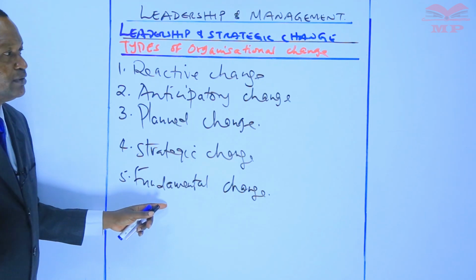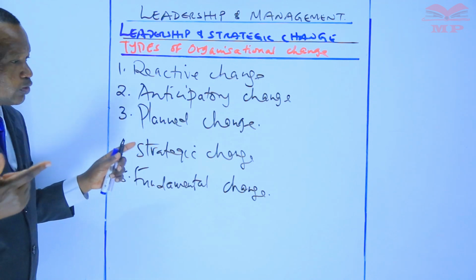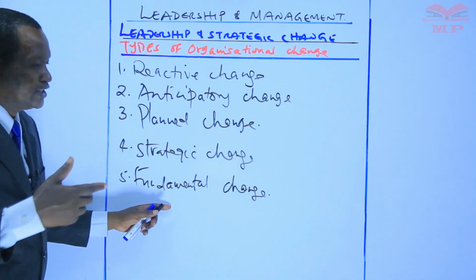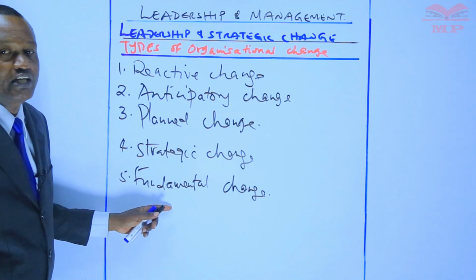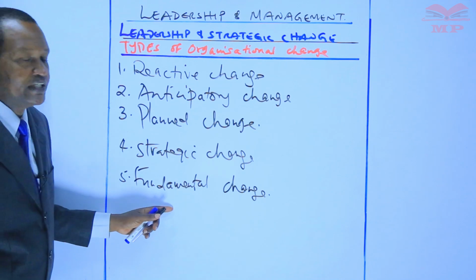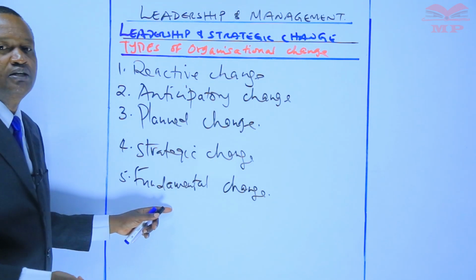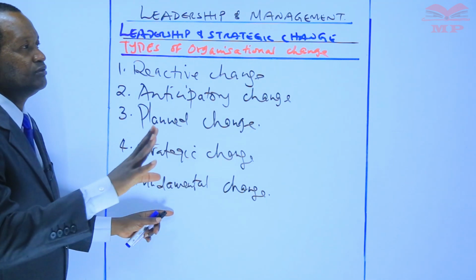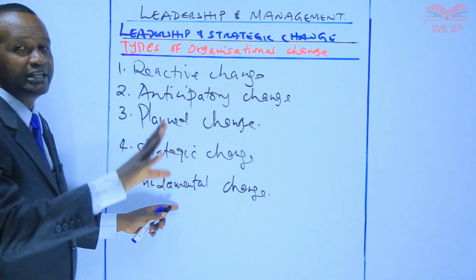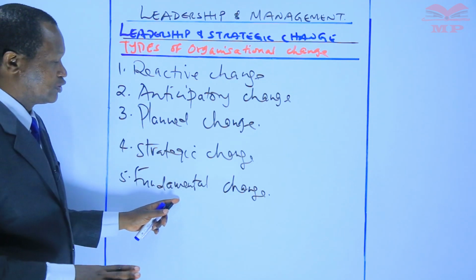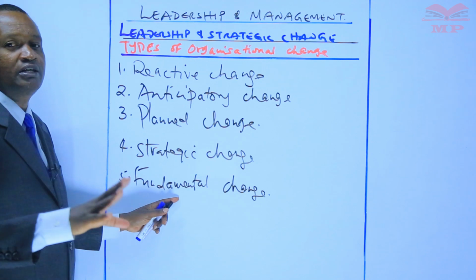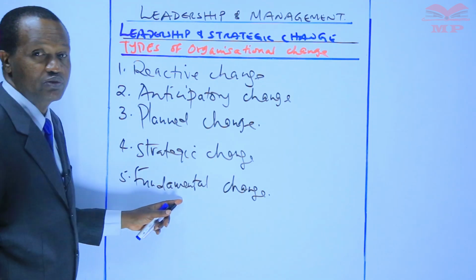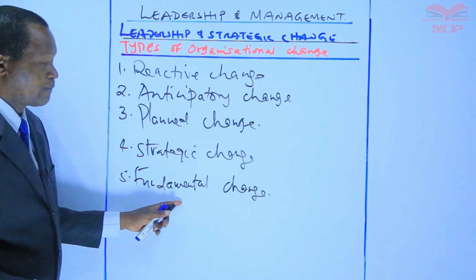And this may be required during extremely volatile circumstances, like volatility in the business environment, like failure of leadership, like decline in productivity, as well as overall turnover problems, which may include the decline in the morale of the workers, and so on. So those are examples of fundamental changes. It involves the redefinition of a company's mission, the definition of a company's vision, and so on.